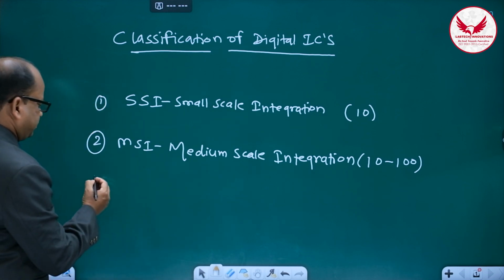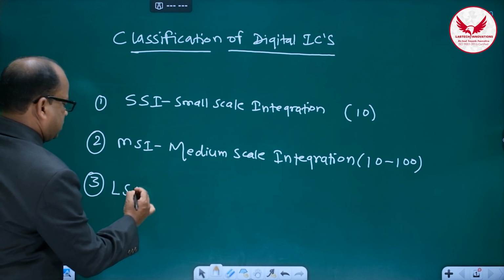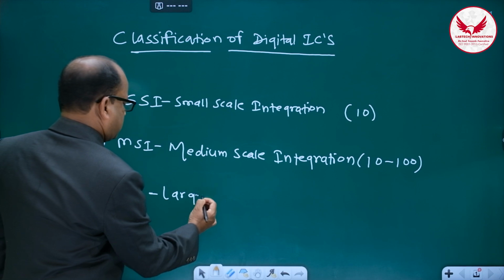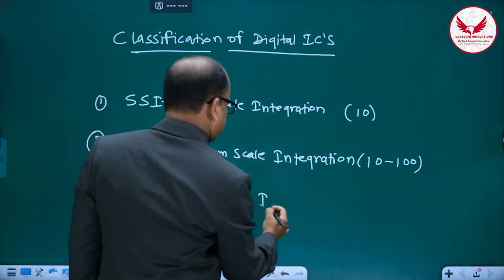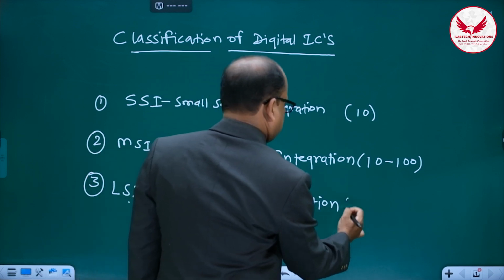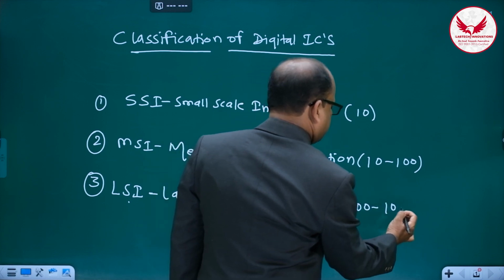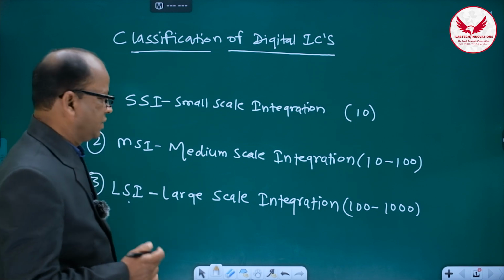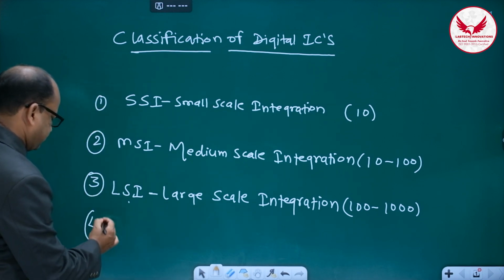Then the third one is the LSI, meaning large scale integration. In this case, from 100 to 1000 components are integrated. And the last one is the VLSI.